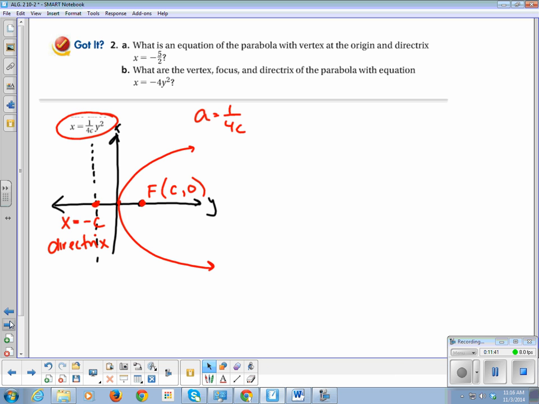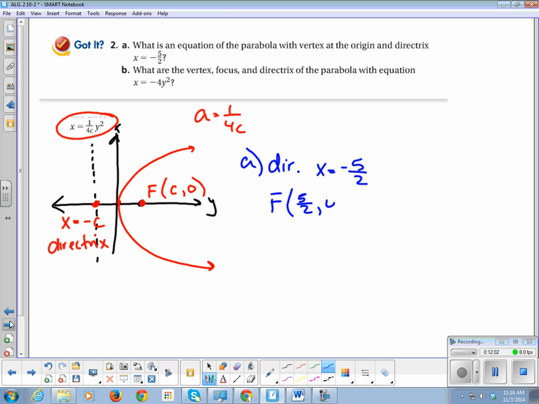So in A, we know that the directrix is x equals negative 5/2. So if that's the case, then the focus needs to be at (5/2, 0).